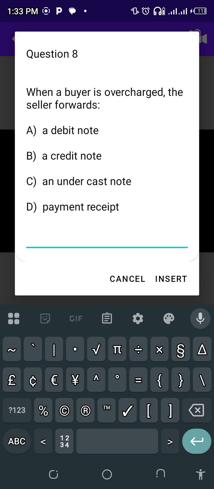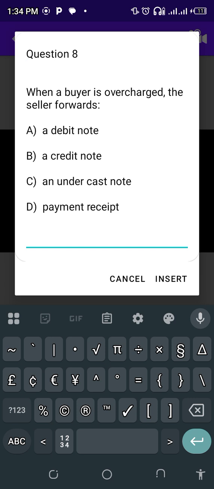Now, if a debit note is issued by the seller to the buyer, that means the seller is reporting an undercharge. And when the buyer verifies the undercharge, the buyer issues a credit note to the seller acknowledging the undercharge. That is the relationship. Now, when a buyer is overcharged, the buyer will forward a debit note to the seller.